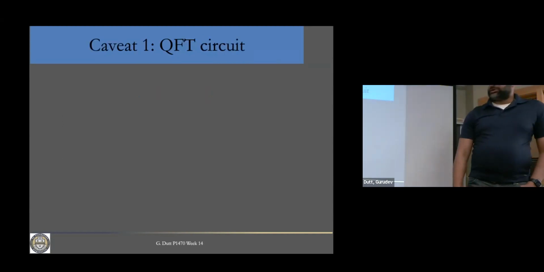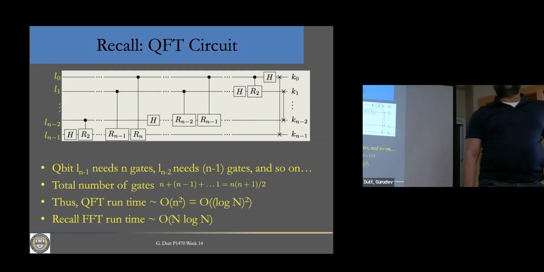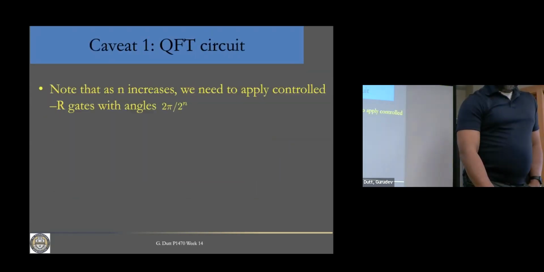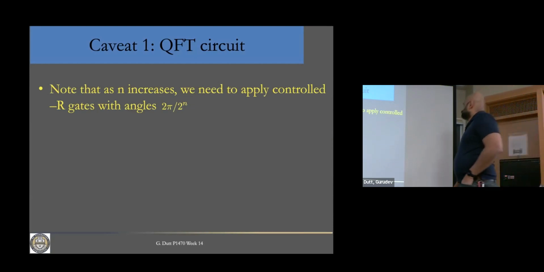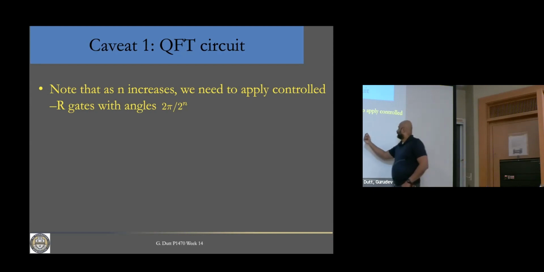All right, so a couple caveats about all of this. This sounds amazing, right? It's an exponential speed up over the classical algorithm, and you might wonder why we aren't just using QFT all the time. Well, let's discuss some of the caveats for that. The first caveat at first may seem like a big problem, but I'll show you it is not a huge problem. As n, the number of qubits, increases, we need to apply controlled rotation gates, and the angles, as I said, go as 2 pi divided by 2 to the n.